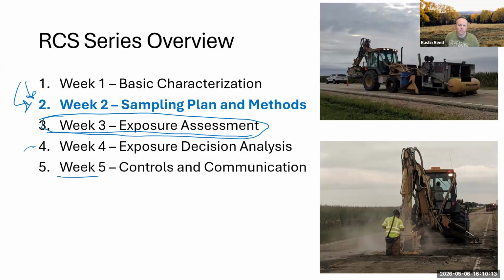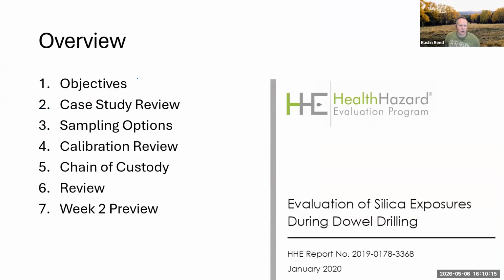So we'll cover our objectives. We'll do a quick review of the case study that we're using to sort of frame this series, and then we'll talk about some of the sampling options we have for RCS. We'll do a brief review of calibration, and then we'll also look at a chain of custody, talk about why it's important, and preview that.